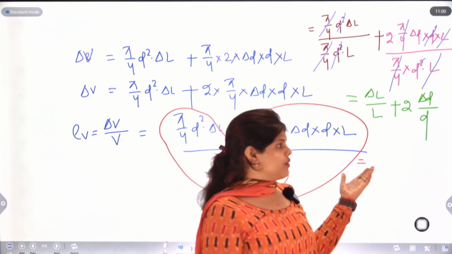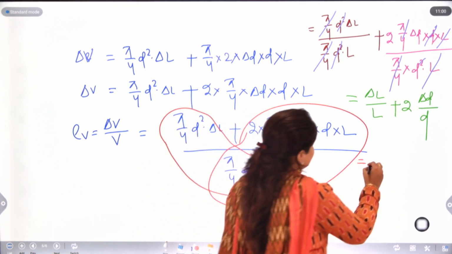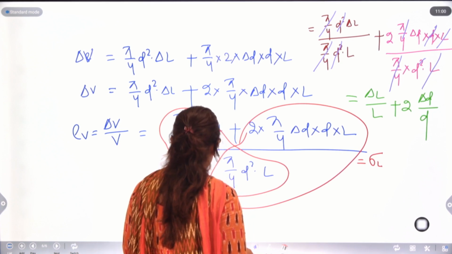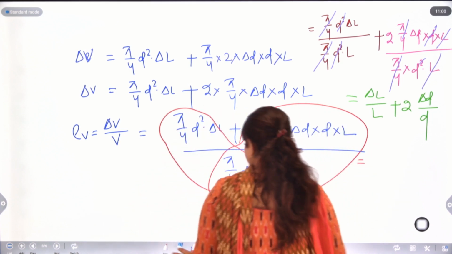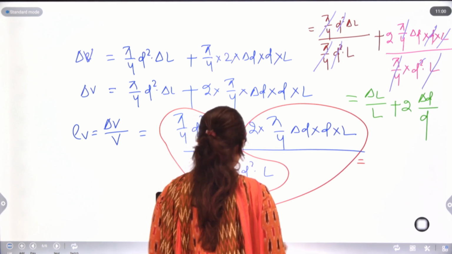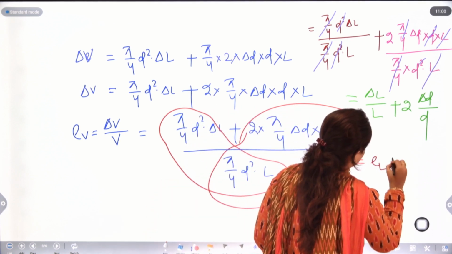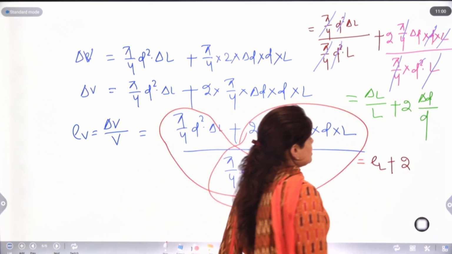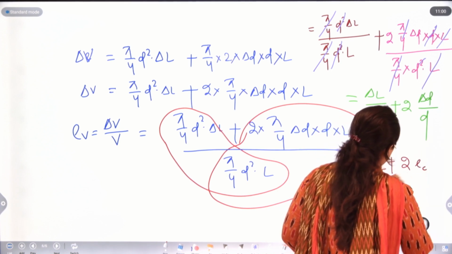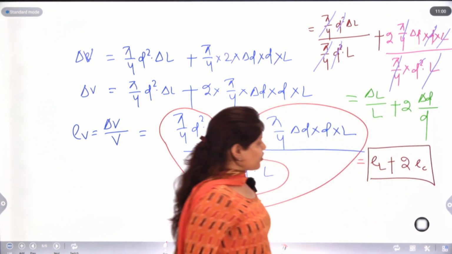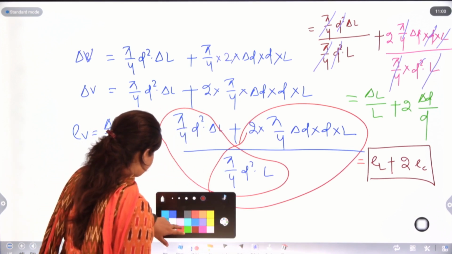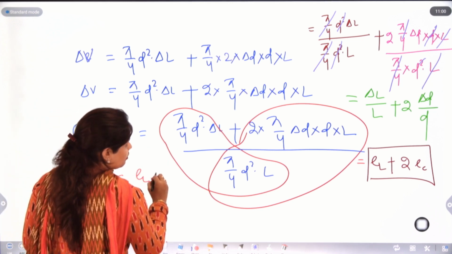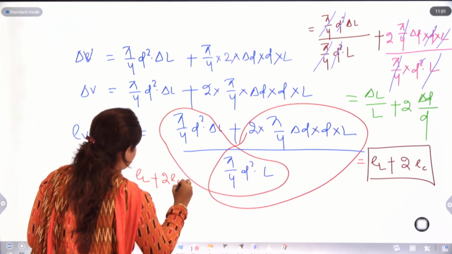Our longitudinal strain is del L upon L, we can write it as EL, plus 2 into del D upon D, which is our circumferential strain. So we have calculated our EV as EL plus 2 into EC.